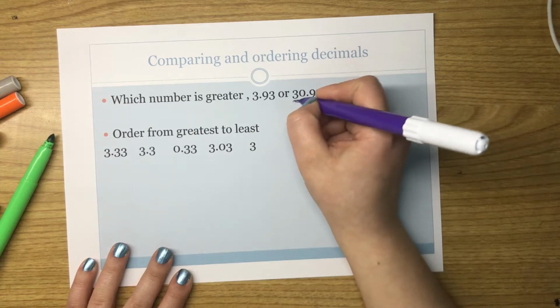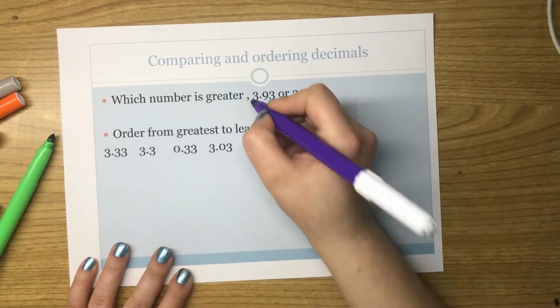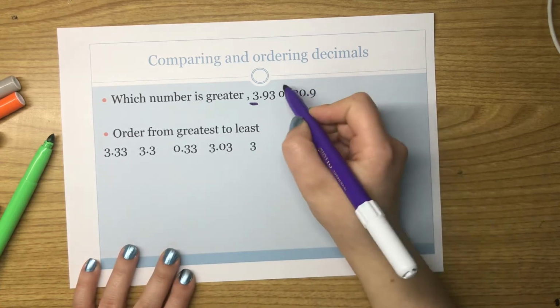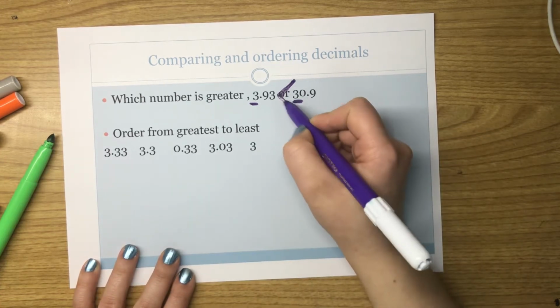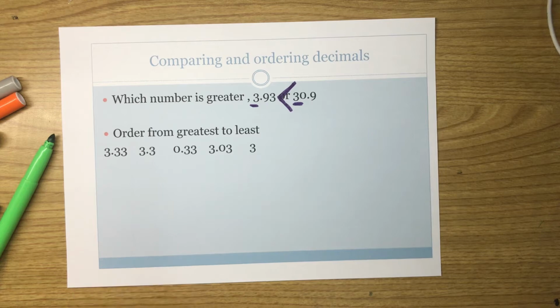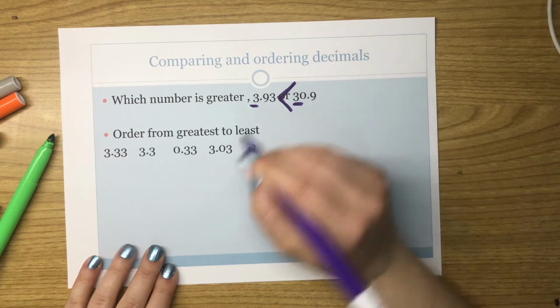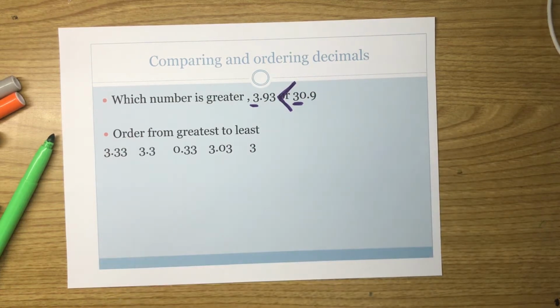As you can see, here's 2 places in whole numbers and here's only 1 place in the whole numbers. Definitely 30.9 is greater than 3.93. Okay? Pay attention for the place of the decimal place and the number of the whole numbers places.